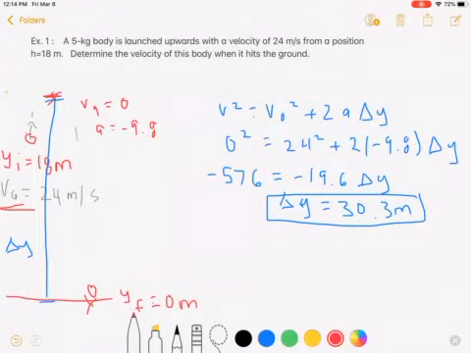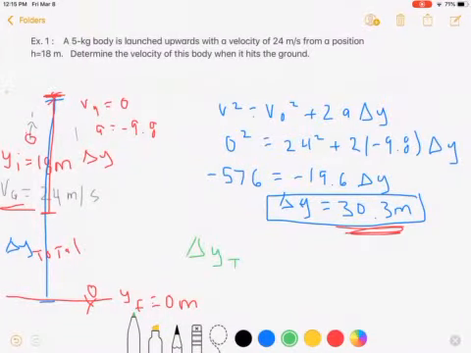So 30.3 is the height from the initial position to the maximum height. That's the delta y we just solved for. I want my total delta y, which will be delta y plus my initial y position.